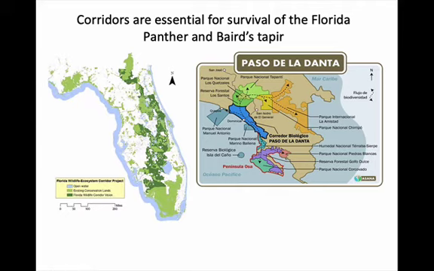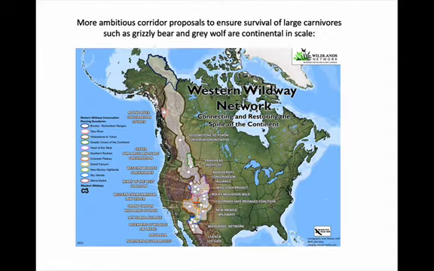Other more ambitious corridors have been proposed, and there's one that is just kind of breathtaking in its conception. It occupies the entire mountain chain of western North America from the Arctic Circle all the way into Mexico. This habitat corridor does not currently exist, but it could be connected to ensure the survival of grizzly bears and gray wolves on a continental scale.